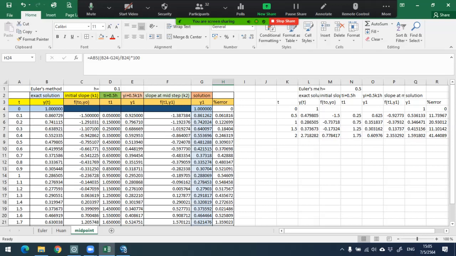We can adjust the increment function from the initial slope to the average slope and then the slope at midpoint. We found that when we adjust a little bit, the solution is better, but it's not good enough. Then we will move to the Runge-Kutta method.